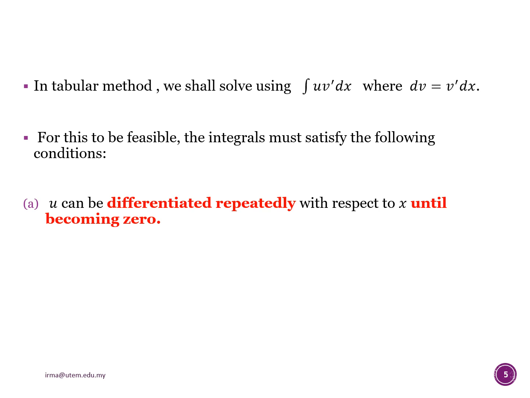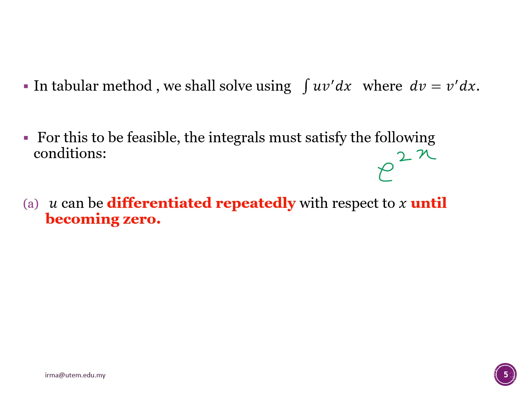For the first condition, if you have an exponential function, for example e^(2x), can you differentiate that function repeatedly? If you differentiate to the nth order, first order, second order, third derivative, you still cannot get 0.